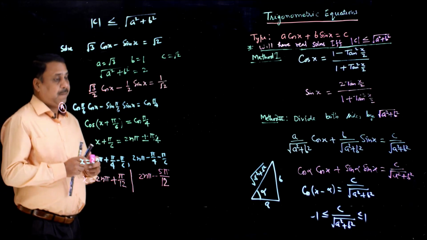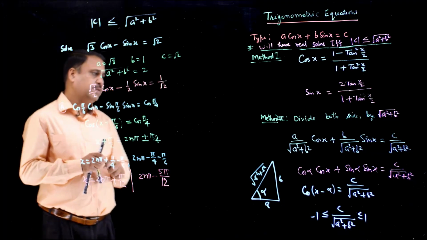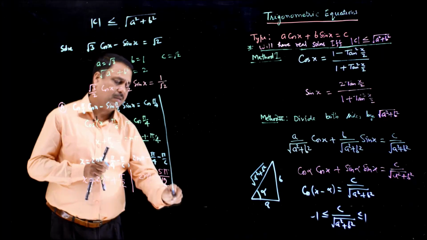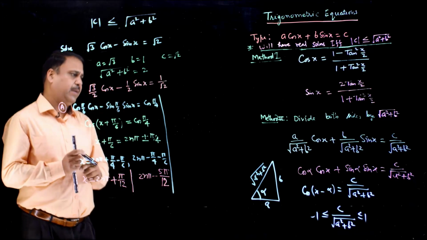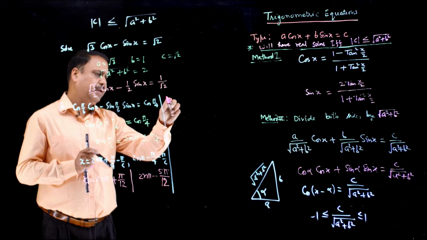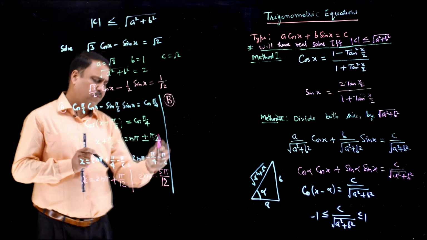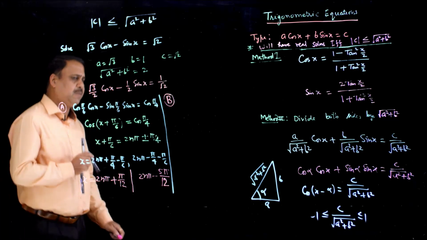Now both methods are correct. There is one more method of solving this, B option. Here I am writing B option. Particularly it is problematic when you are solving multi-option correct or objective questions. You have solved by this method, but the answer may be given in some other form.